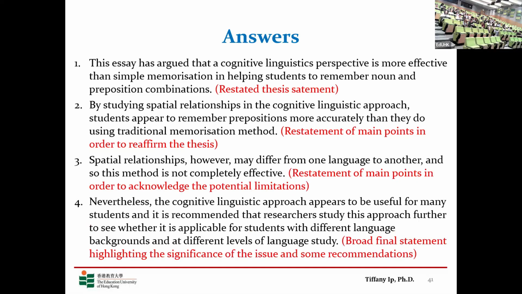At the end, you would give some sort of recommendation, what future researchers can do, the future research direction. So you reinforce that, given the potential limitations, a cognitive linguistic approach appears to be useful for many students still. And it is recommended that we check this approach further to make sure it's really useful for more students.